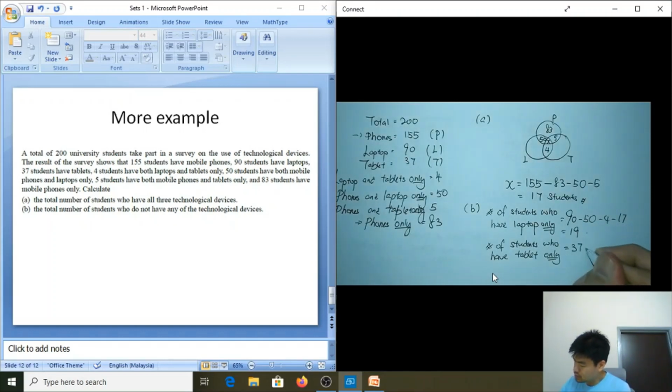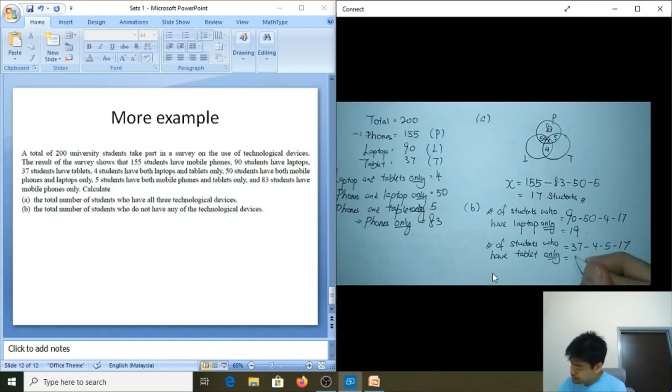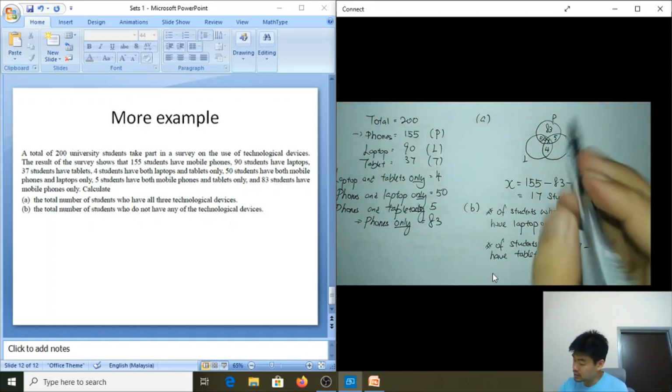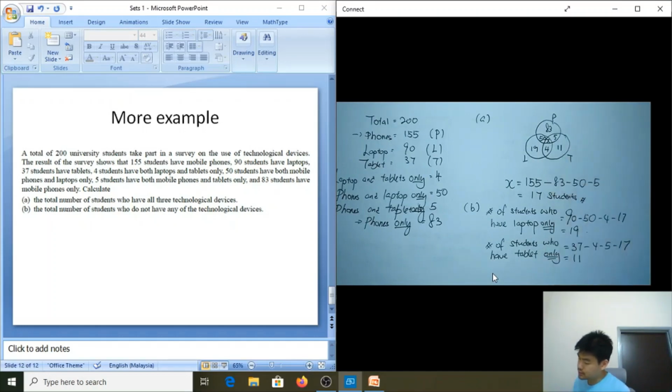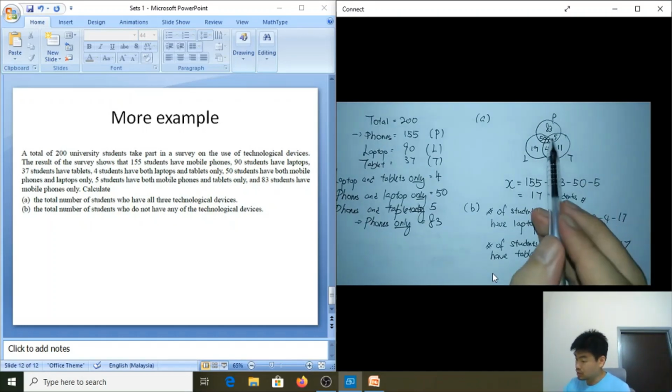So 37 minus 4 minus 5 and minus X. What is X? 17, right? So what is the number? 11. So 11 students have tablets only. I know that this is 9. Okay, I'm going to fill in here 19 and this is 11. So now I have all the numbers inside already.